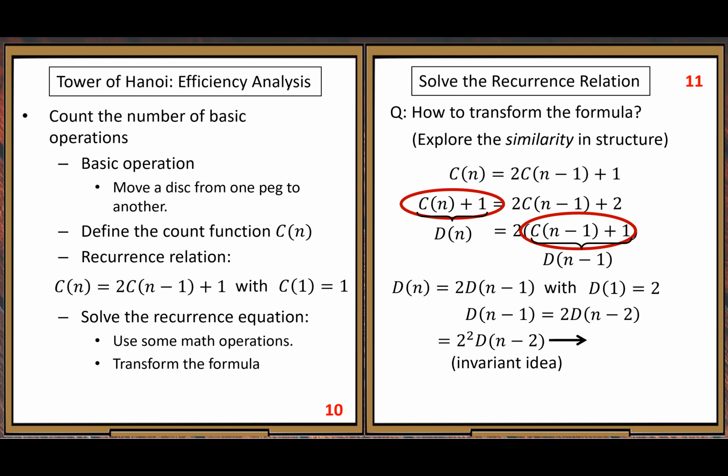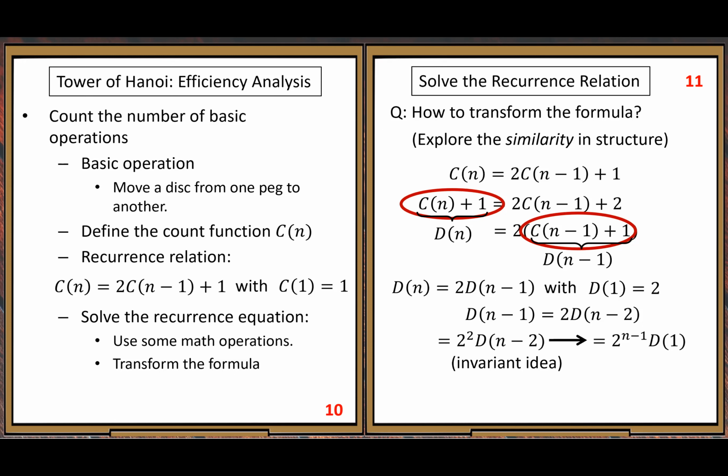Using the invariant idea. Remember the invariant idea from the string matching problem. Here, when we go to the next step, we are moving. When we are moving, which quantity never changes? There is one special quantity that never changes. Try to find it. Moving all the way to the last one, you can see the exponent number 2 plus the number inside the parenthesis, n minus 2: 2 plus n minus 2 equals n.